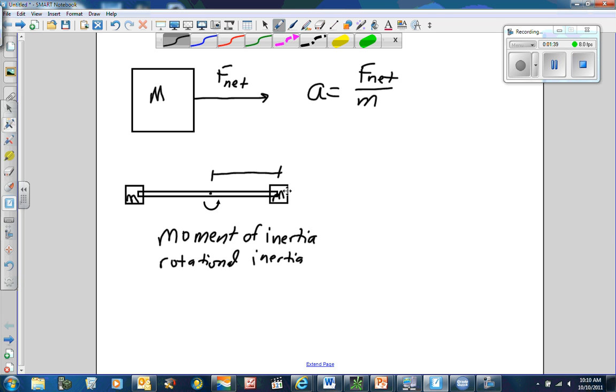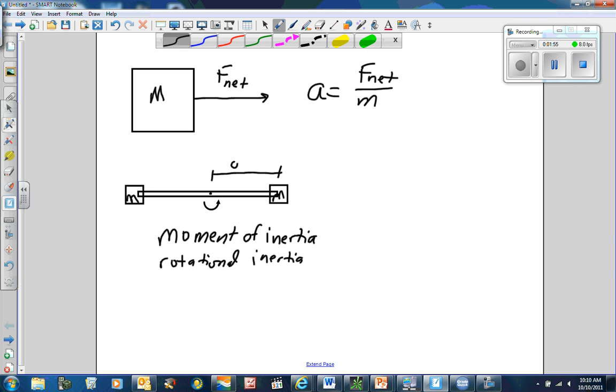In other words, I have two little masses out here on the end of this meter stick, and where those masses are located is what's going to determine how hard or how easy it is to accelerate it in a circle, angular acceleration.